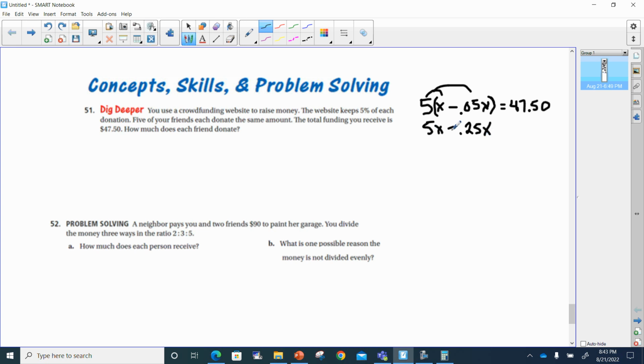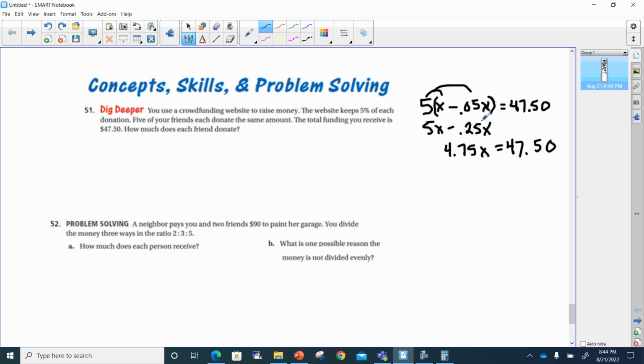Sorry. 5X minus 0.25X would give us 4.75X. That would equal 47.50. So yes, I did need that parentheses. I did have it right the first time.